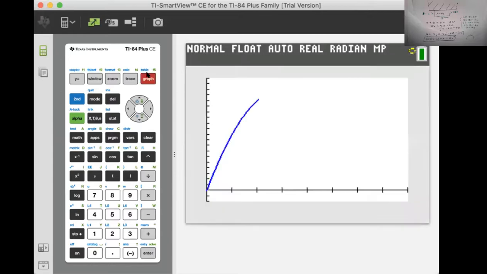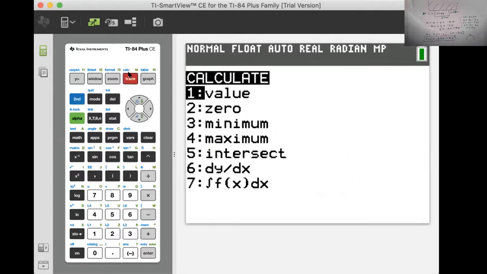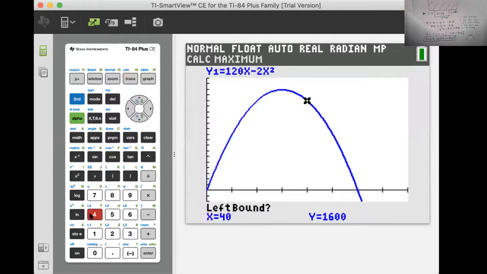Let's take a look at our graph. What x value gives us our maximum y value? Remember, the y value represents area. Second calc, maximum is number 4. Left bound, move the cursor a little bit to the left of where it reaches the peak. Enter.